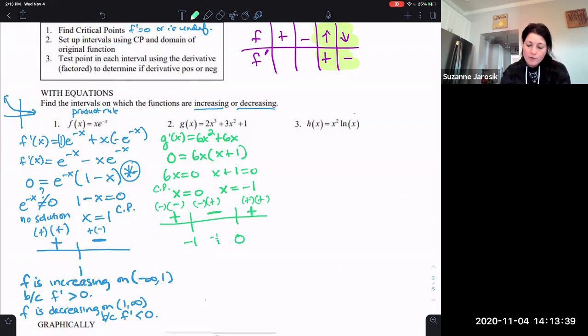Now, one thing I want you to understand is that regardless of the example choices, it is very possible that you could have intervals that don't change signs each time.